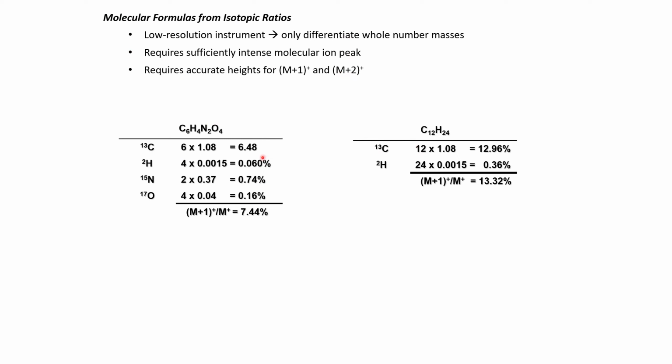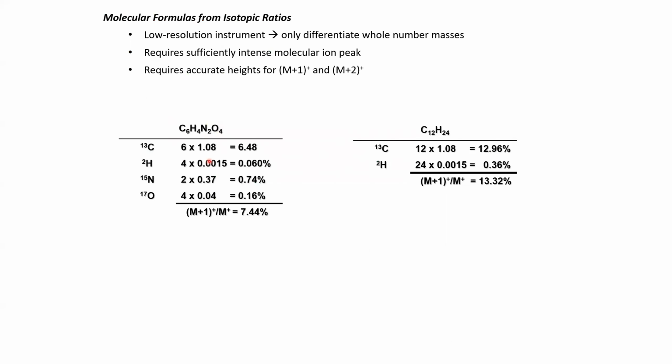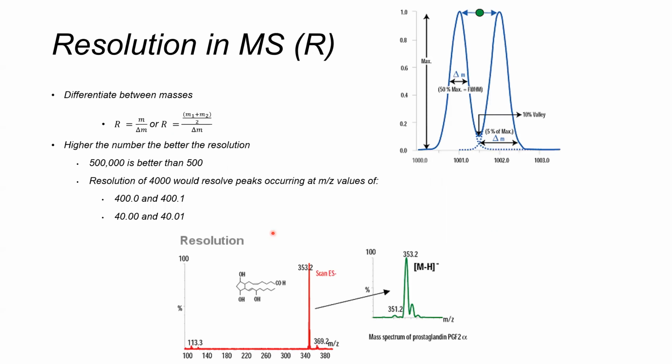If we looked at the other isotopes of carbon, hydrogen, nitrogen, and oxygen in this molecule, we could determine the ratio of the M+1 peak over the M peak as being 7.44%. If we had 100% for this peak, we would expect to see a 7.44% peak for the M+1.